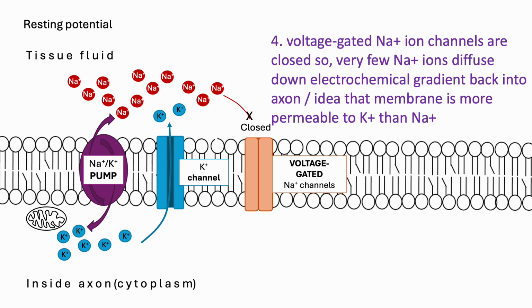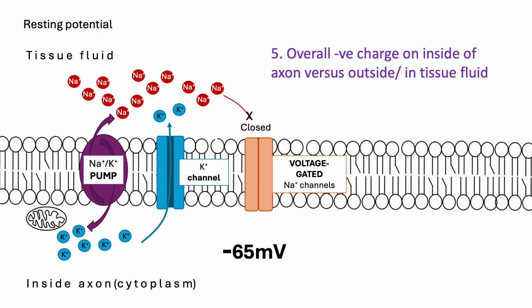Remember that the membrane is not going to be 100% perfect in terms of stopping sodium ions diffusing back through, so some will leak, potentially through other channels. But the key thing is that more potassium ions are diffusing back out than sodium ions are able to diffuse in.